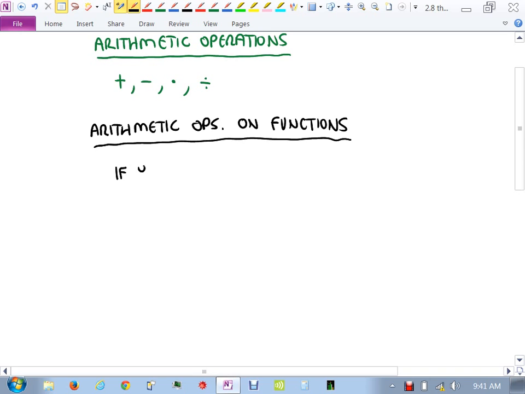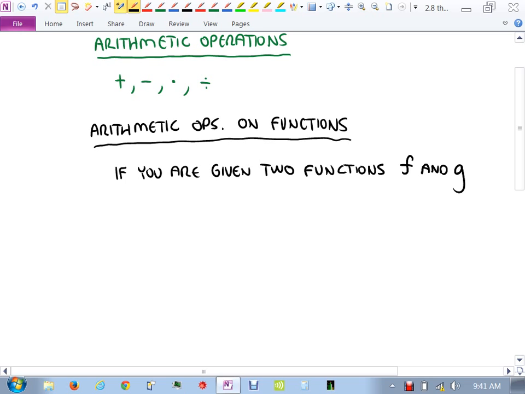If you are given 2 functions, I'm going to call them f and g, but they could be g and h, or whatever you call them.